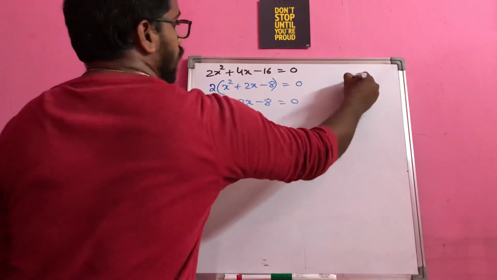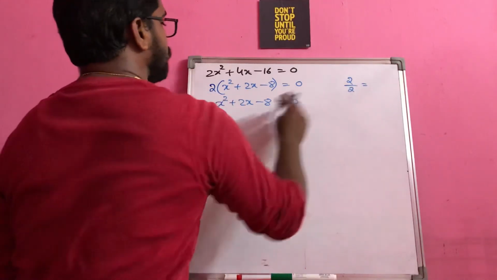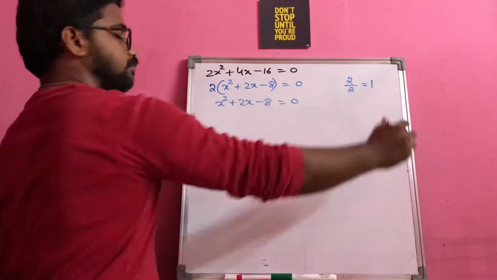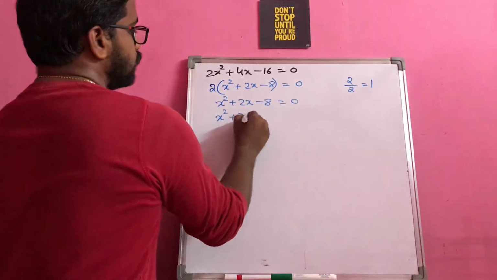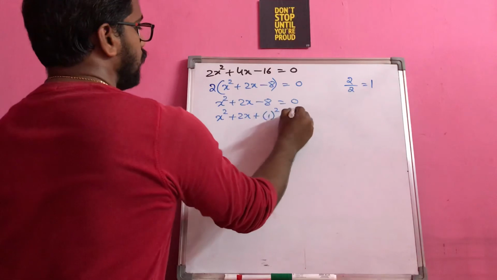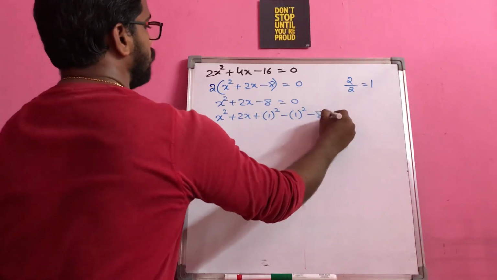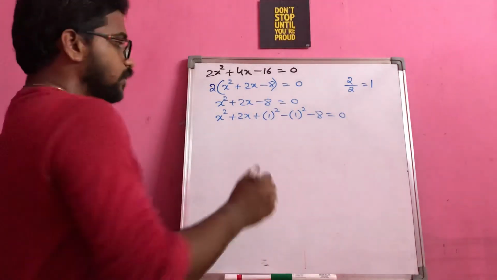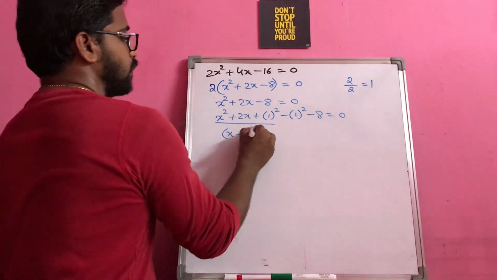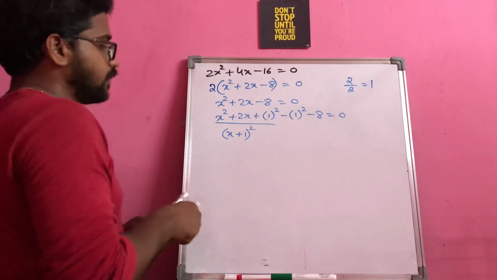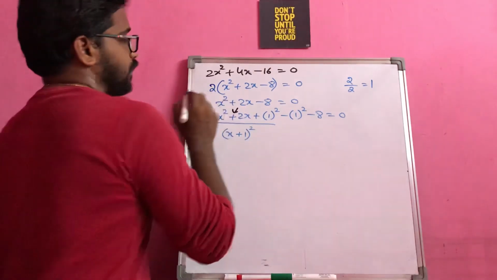Now take half of the x coefficient. The x coefficient is 2, half of it will give you 1. So I have to add the square of 1 and subtract the square of 1. These first three terms will help me to write the identity (x + 1)², because for the simple reason I am having plus here.